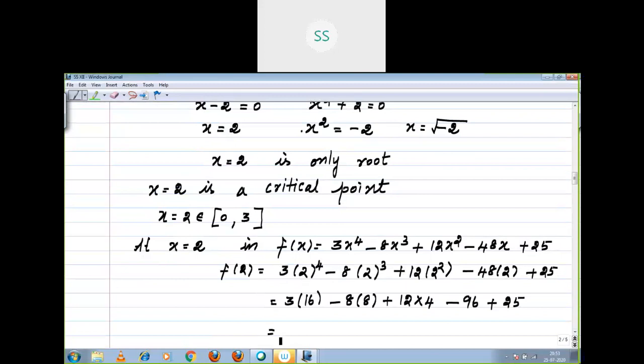Now you see 3 into 16, what is it? 48 minus 64 plus 48 minus 96 plus 25. See, 48 plus 48, 96 minus 96, right? So the term has to be vanished.